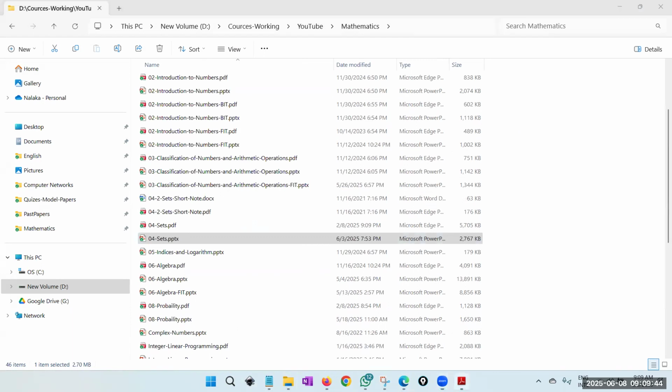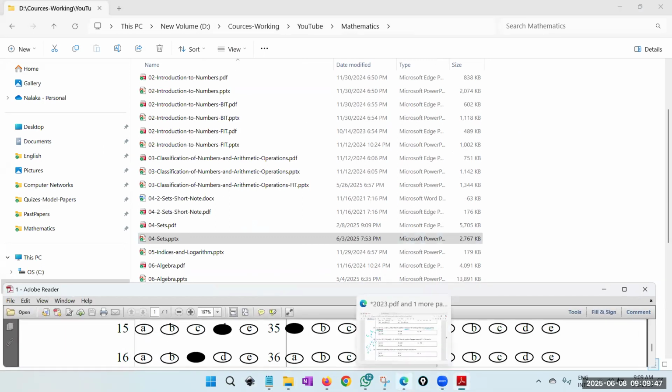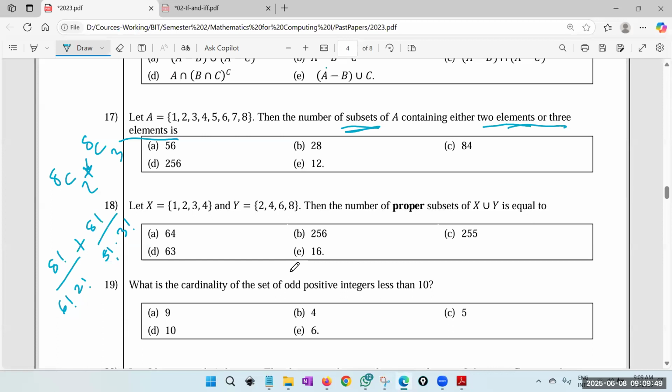Correct, right? So then, factorial 8 divided by factorial 6 is 8 into 7 divided by 2, plus 8 into 7 into 6 divided by 3 into 2. So this is 4. That is 28. 8 into 7 into 6, right? 3 into 2. 3 into 2 is 6.